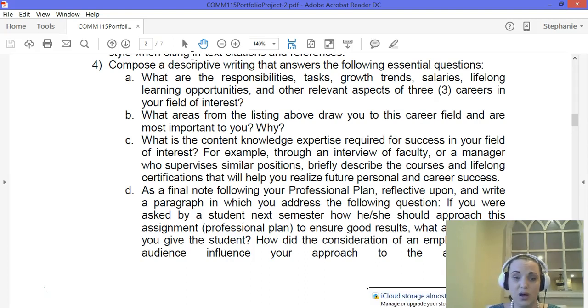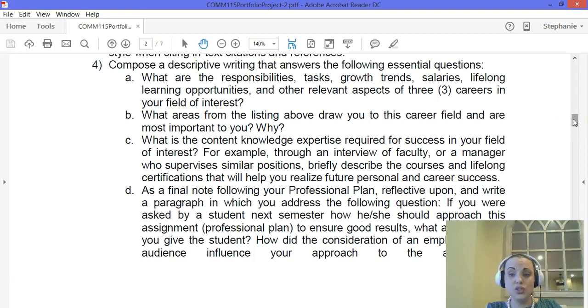You might want to go back for your MBA, Master's of Business Administration. You might want to get certifications, such as Six Sigma, a business certification that a lot of people get. There are lots of learning opportunities like that. All of those are things you're gathering research on, and that you're going to discuss in your paper.